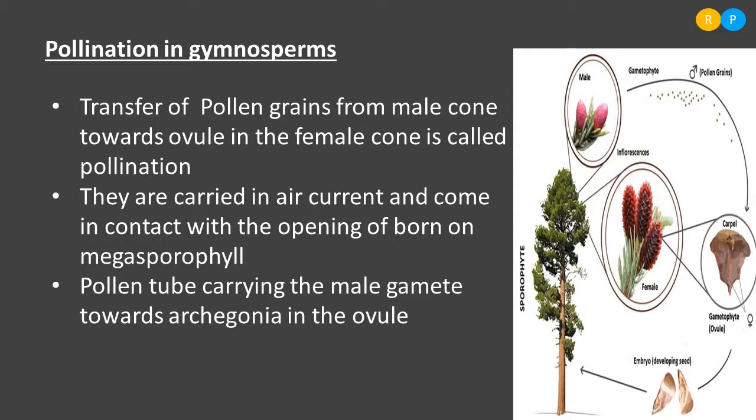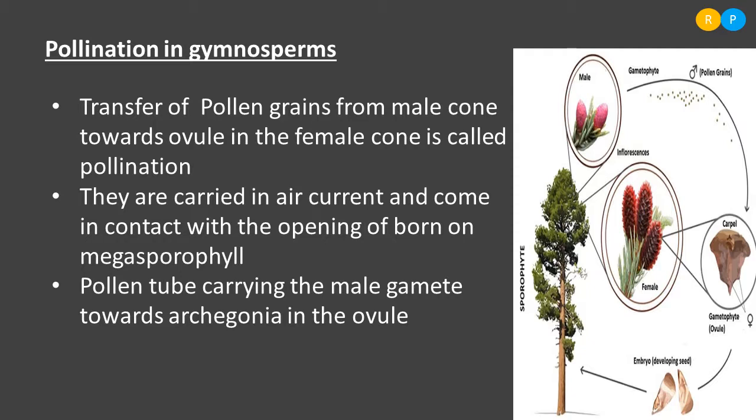A small tube-like structure starts forming from the pollen grain; that is the pollen tube. This pollen tube carries the male gamete towards the archegonia in the ovule. In our study we came to know that two or more archegonia are present within a single ovule. Understood? And within that archegonia, the egg is present.